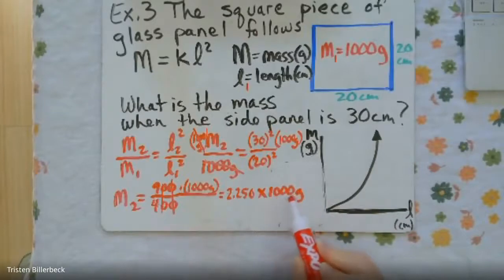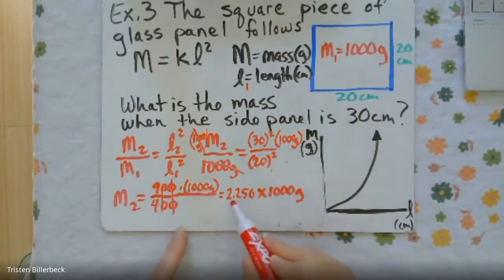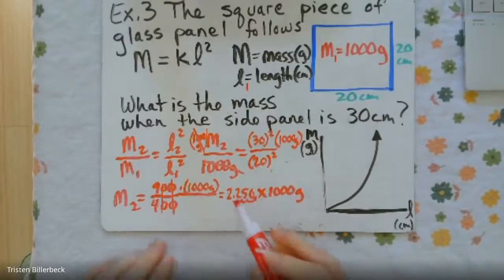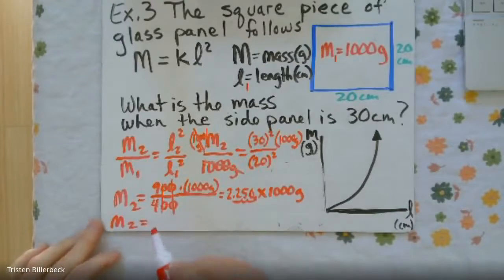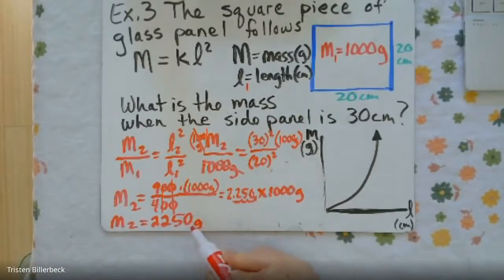So that means I'm going to be moving this 3 decimal places because there's 3 zeros. So 1, 2, 3. Okay, so mass 2 equals 250 grams. Okay, so there you have it.